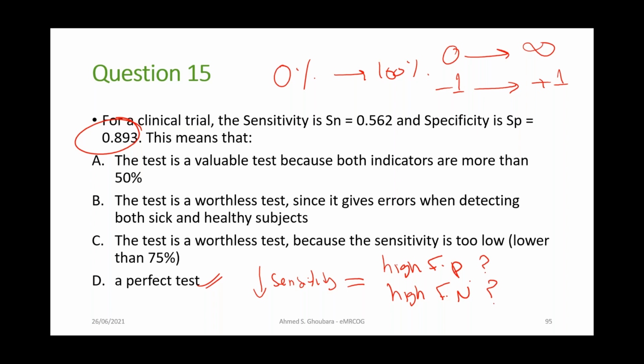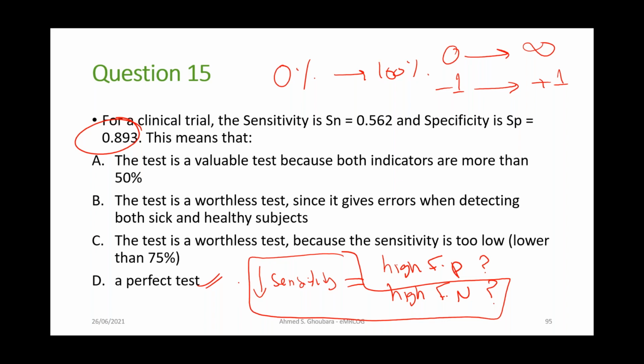High false negative, sir. Low sensitivity means high false negative. Perfect. High false negative. Is it type 1 or type 2 error? Back again to the null hypothesis. High false negative. Type 2, dangerous.